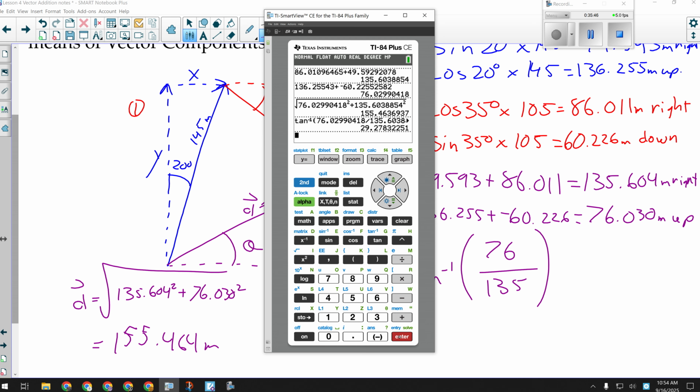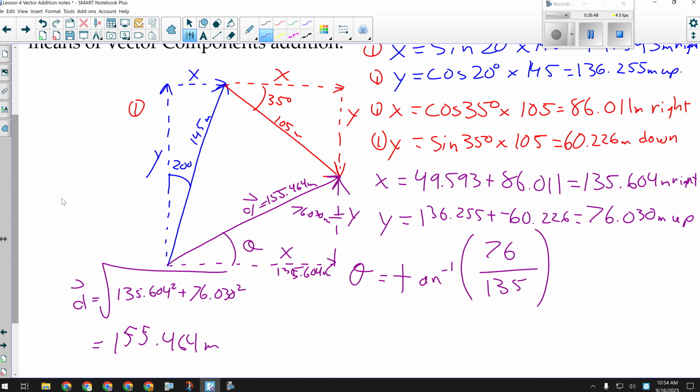So I'm getting 29.278 degrees. And for me, that is north of east, because my arc touches due east and goes north from there.